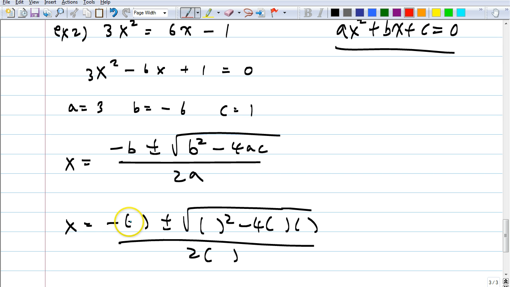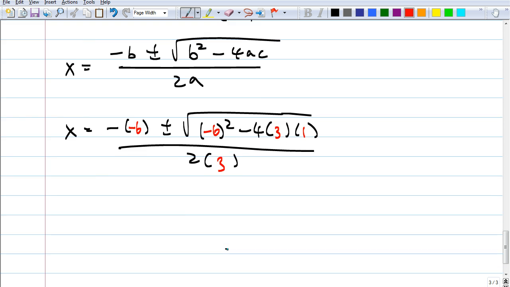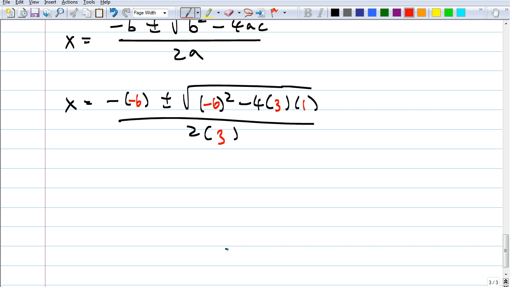Okay, let me see. Negative 6. Yeah, it should be negative 6 right here. And then what? It's this one. Negative 6. Okay, here, 3. And 1. Yeah, here, 3. Okay, everybody got that? Okay, so how about Jay?